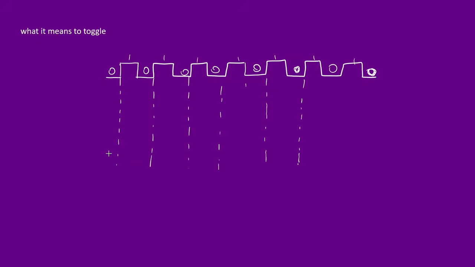So if in this state I was 0, at the point of this interrupt, I'm going to toggle to 1. By the next interrupt, I'm going to toggle to 0. I'm going to be 0 for the entire duty cycle, the entire full 360 degrees high and low of this, right? Because the sine is the full 360 degree phase. To 1, to 0, to 1, to 0. So that's what it means to toggle.